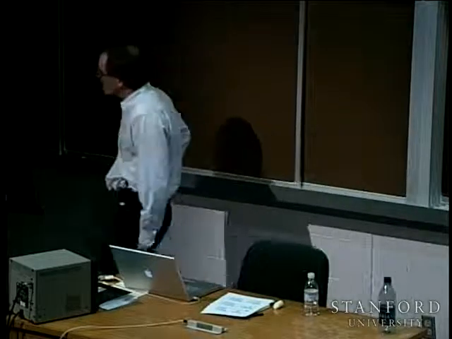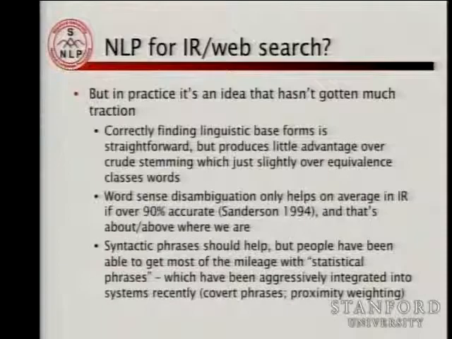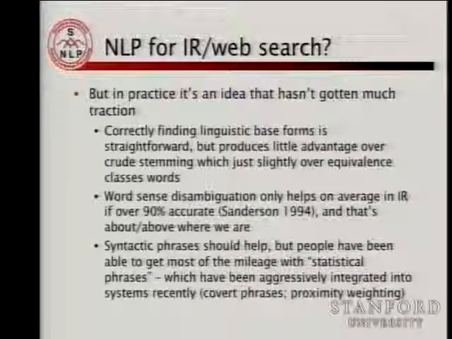So we can do things like correctly stemming words, getting singulars and plurals and things like that in a good linguistic way, but it doesn't actually work much better in practice than doing it in crude ways. We can do word sense disambiguation fairly well, but it's not clear that we can do it well enough.